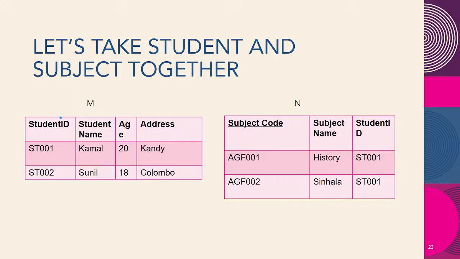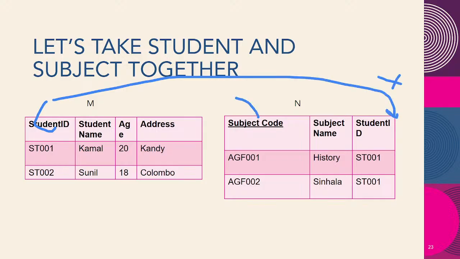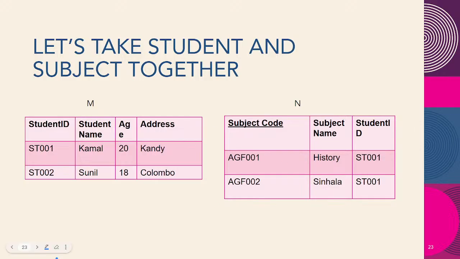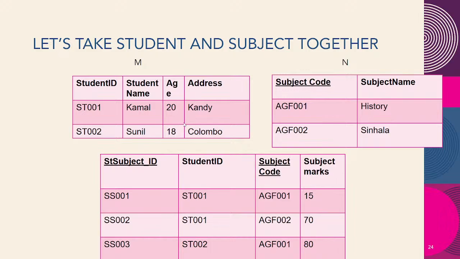Now we have tried both ways. Putting this ID here did not work, and putting this ID here as a foreign key also did not work. Now you will see how you can do it. What we have to do is take a third table.